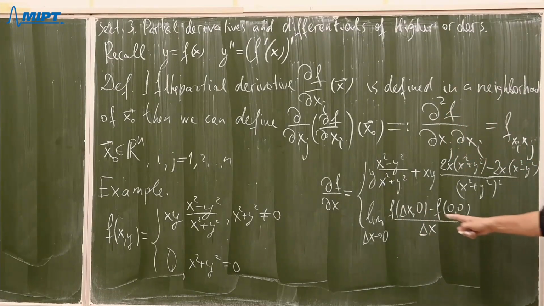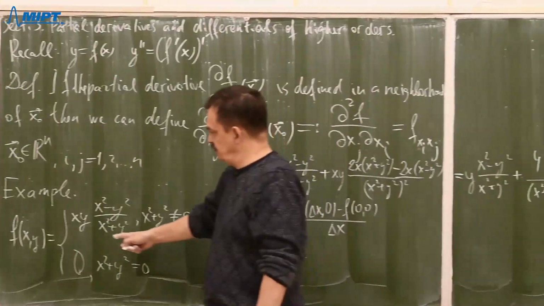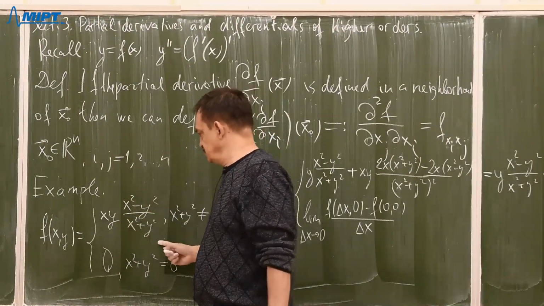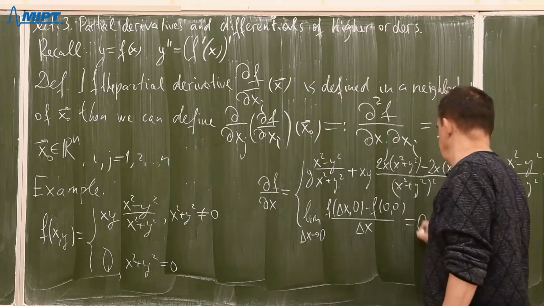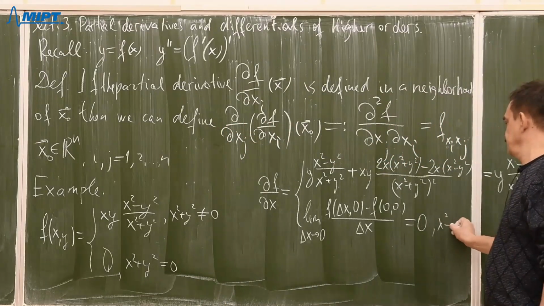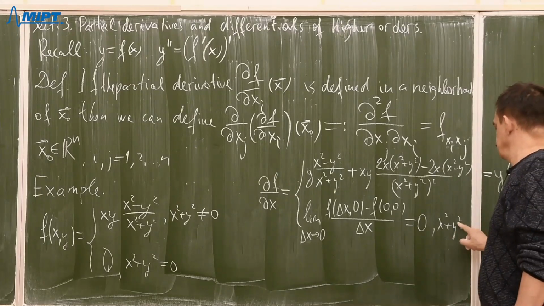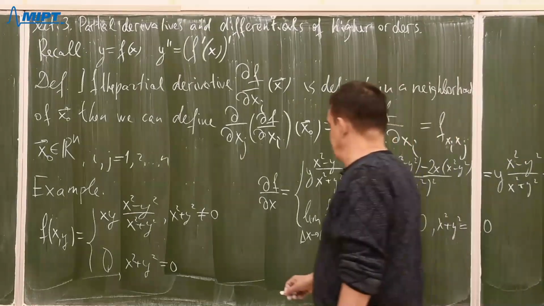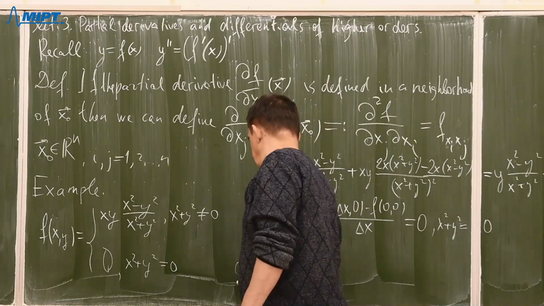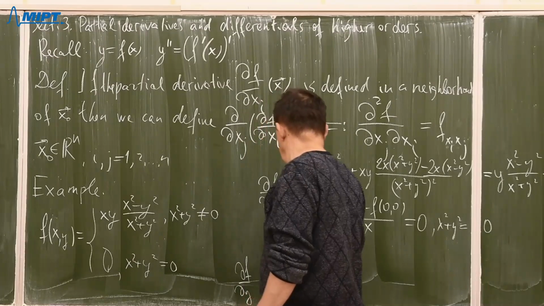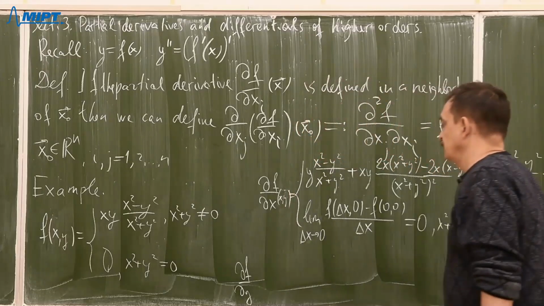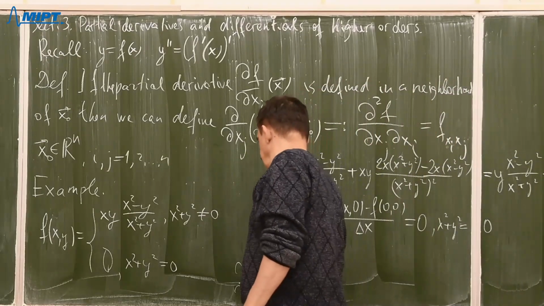And if we substitute, we obtain y is 0, so the numerator is 0, that is 0 if x squared plus y squared equals 0. That is the partial derivative with respect to x. Analogously, we can compute the partial derivative with respect to y, at a point x, y.